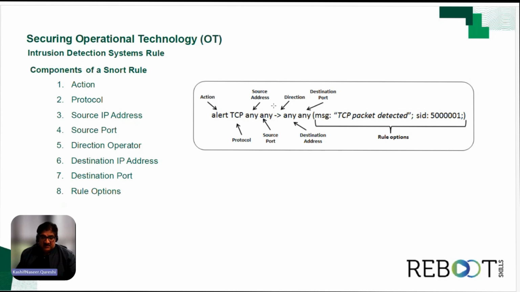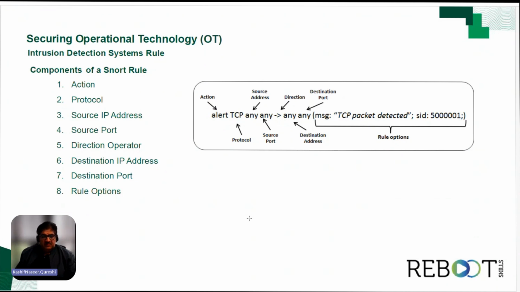Here you can see the components of a Snort rule: action, protocol, source IP address, source port, direction operator, destination IP address, destination port, and the rule option.